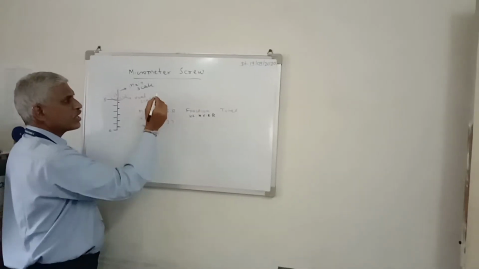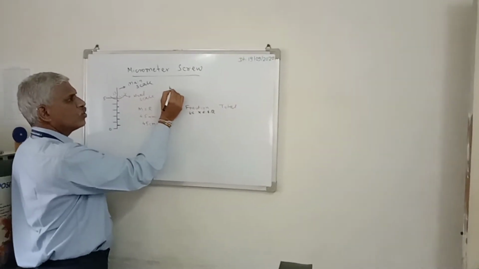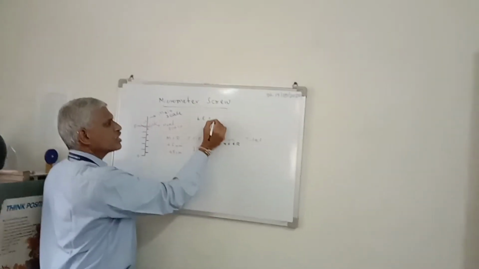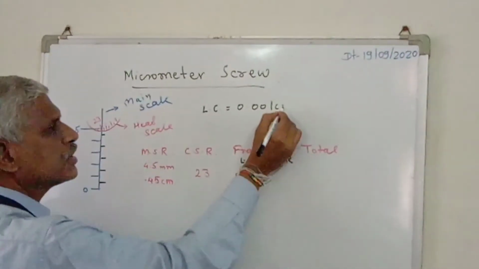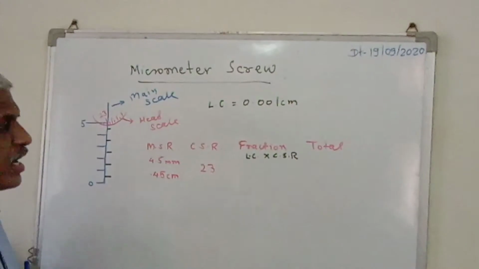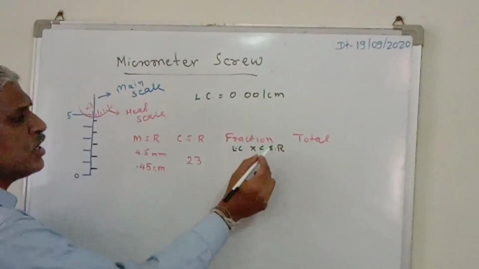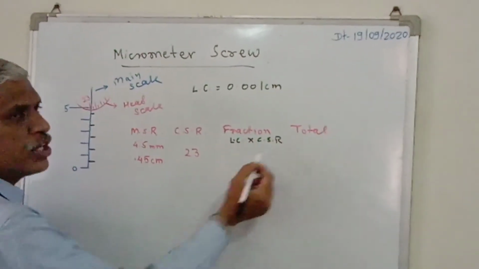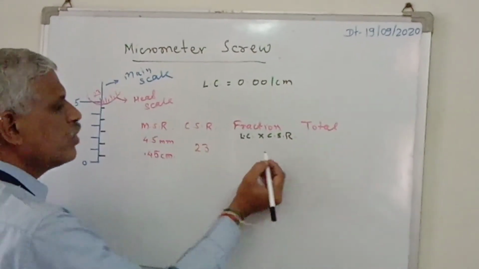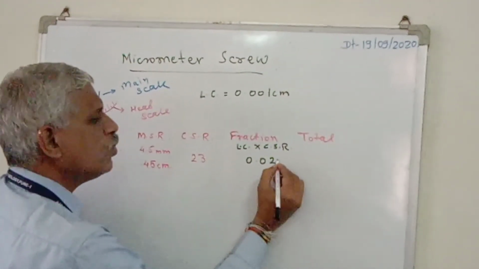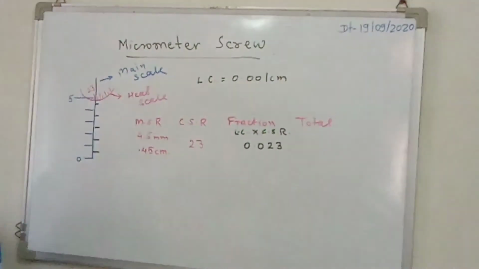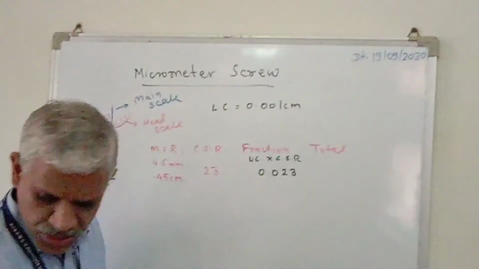If the least count of the given micrometer screw is 0.001 centimeter, then the fraction, which is least count into circular scale reading, comes out to be 0.023 centimeter.